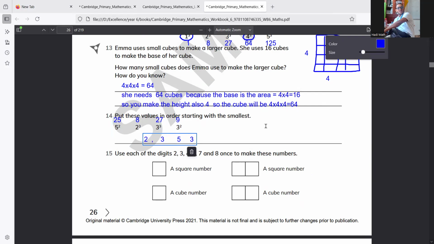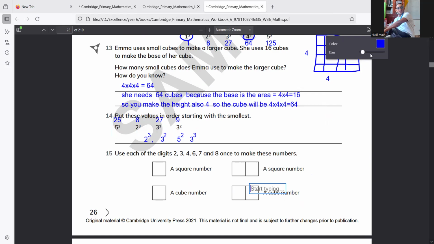Please don't forget, the cube number is a little bit small here. So 2 cube, sorry, because it's 8. And 3 square is giving you 9. 5 square giving you 25. And 3 cube giving you 27. So this is how you order them.